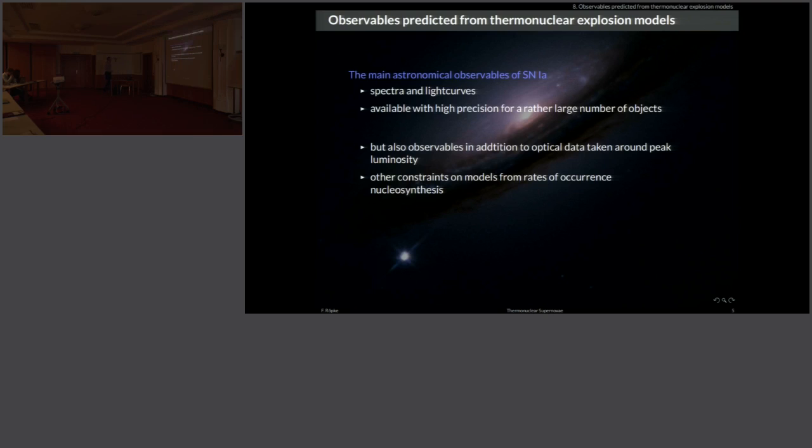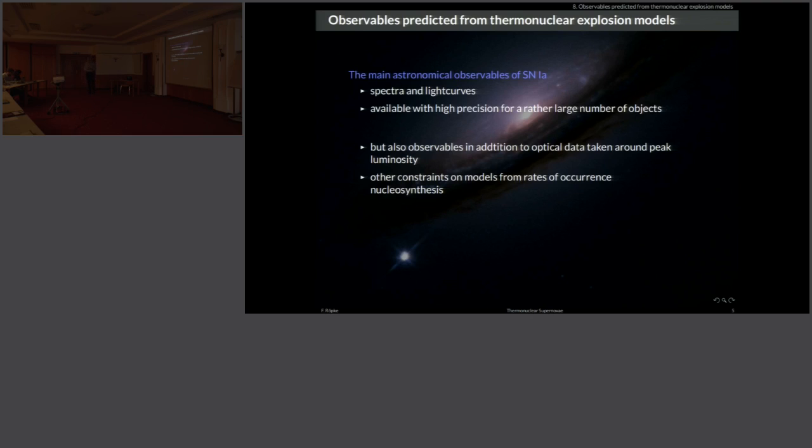Now let's start with the main observables. The main astronomical observables of Type Ia supernovae are, of course, their spectra and light curves, and they have become available with very high precision for a rather large number of objects. Over the last maybe 10 or 20 years, people have taken lots of very precise data on Type Ia supernovae.